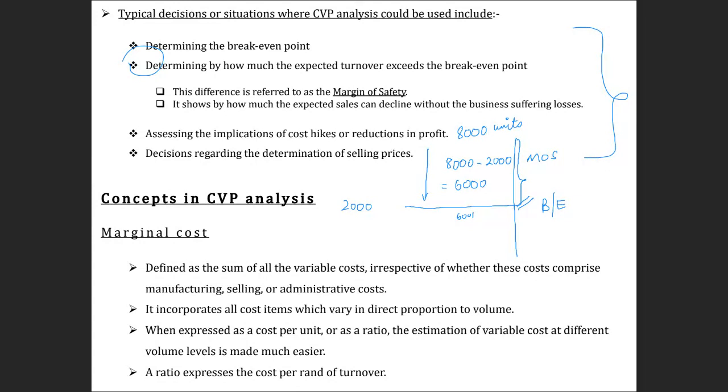So if it is declining by 4,000 units, by 2,000 units, or by 4,500 units, it's fine. The business will still survive and they'll still be making a profit.